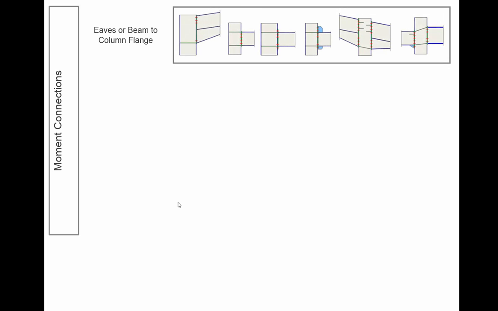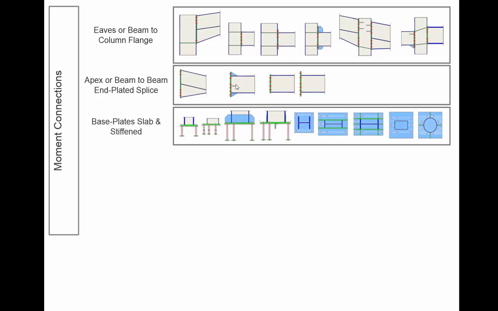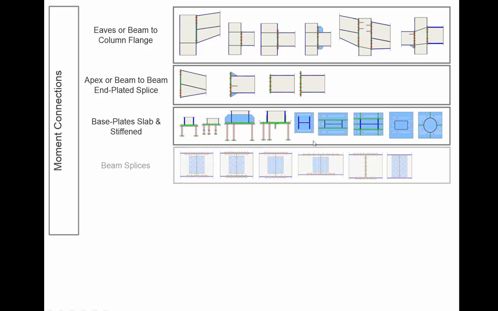So for eaves connection, we're talking about portals, we're talking about wind braces, and we're talking about valley bays. We're talking about all different configurations, apexes and portals, and as a splice connection. Base plates, we're looking at slab and stiffened, and we're looking at I sections and hollow sections.